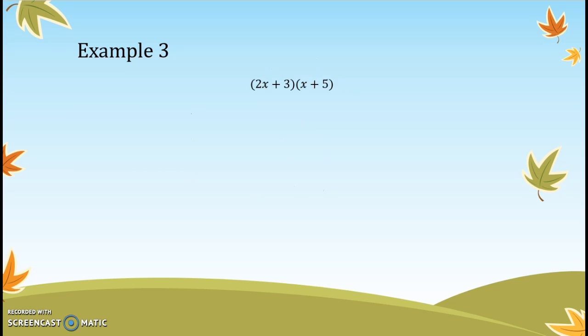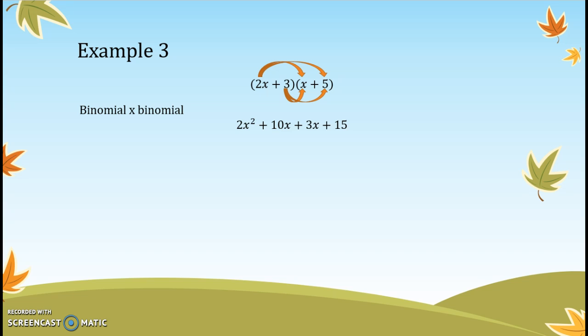Here we have 2x plus 3 times x plus 5, a binomial times a binomial. We need to share or distribute each piece with everything else. So I need to distribute the 2x to the right-hand binomial and the 3 to the right-hand binomial. So 2x times x is 2x squared. 2x times 5 gives us 10x. 3 times x is positive 3x, and positive 3 times positive 5 is 15.